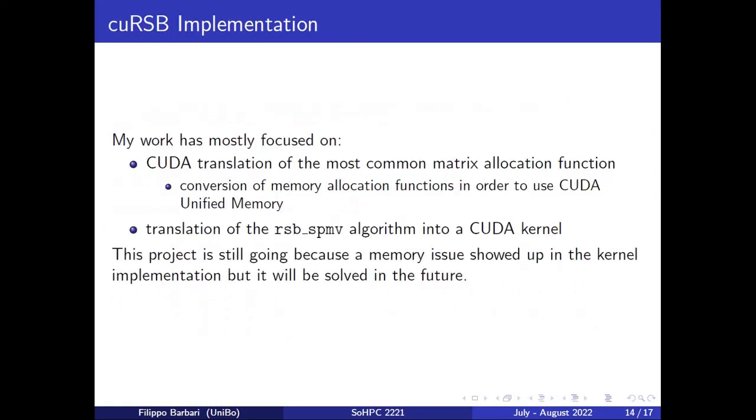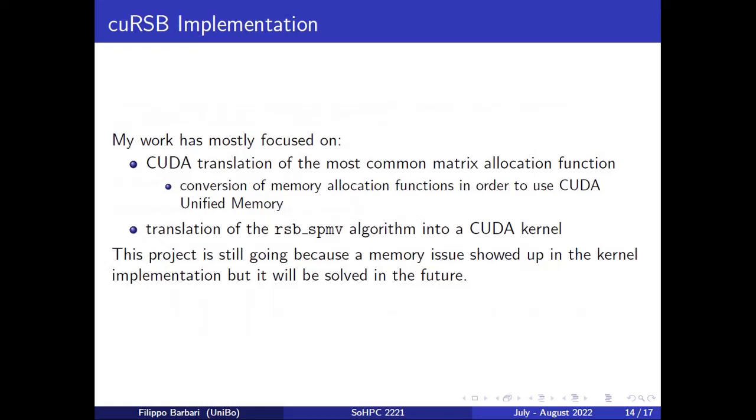Then let's go into the implementation. My implementation work is mostly focused on the translation into CUDA code of the most common matrix allocation function, which was a translation from a COO formatted sparse matrix into an RSB formatted matrix. I used the CUDA unified memory to help me in this work.